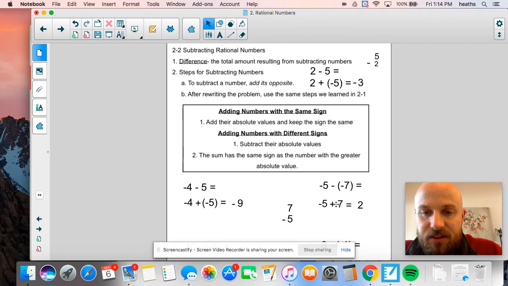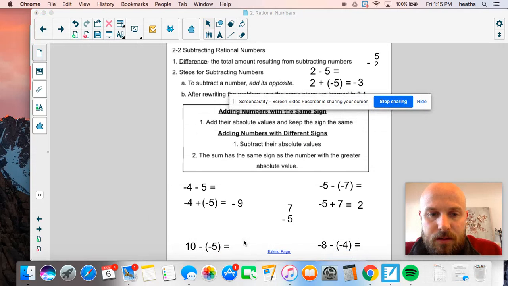And then I'm going to take a look at these two numbers, 5 and 7. I know 7 is larger and 7 is positive, so our answer is going to stay positive. So -5 plus 7 is 2.